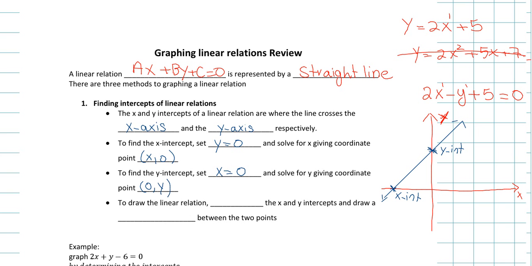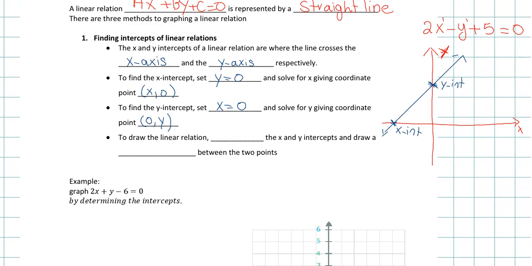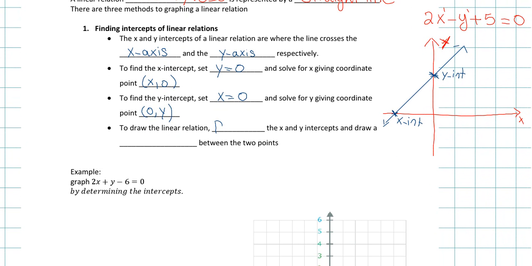To draw the linear relation, plot the x and y intercept. So you're going to just find them on the Cartesian plane and draw a straight line between the 2 points.